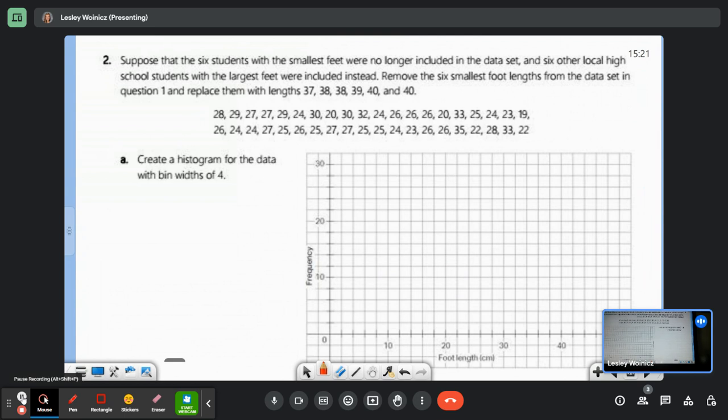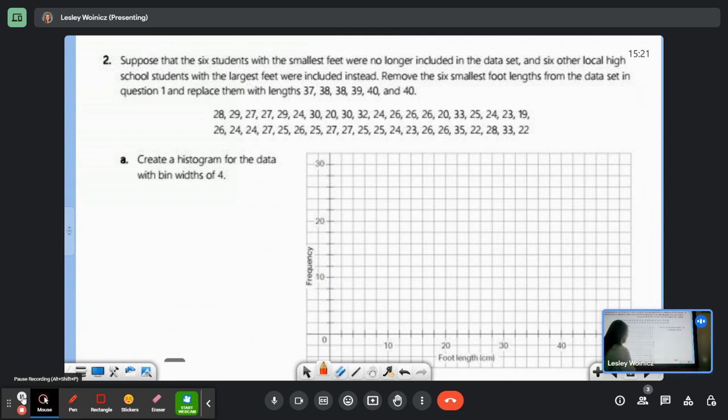We're going to replace them with students with the largest feet. We're going to remove the 6 smallest foot lengths from the data set and replace them with 37, 38, 39, 40, and 40. All right, so we have to find the little baby feet.